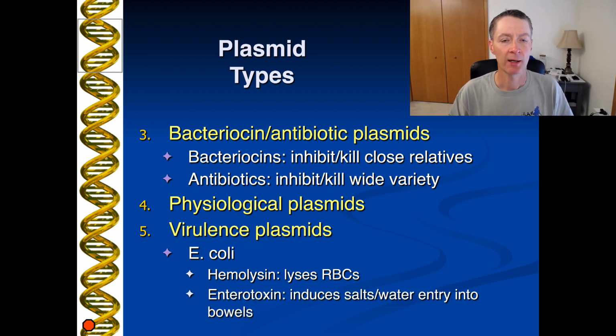Or enterotoxins. These can be coded for on virulence plasmids. And some of these genes give their host some real trouble, right? They're helping the organism to survive, perhaps, but the fact that they're virulent means that we're going to have all the signs and symptoms associated with the disease because it's so virulent.